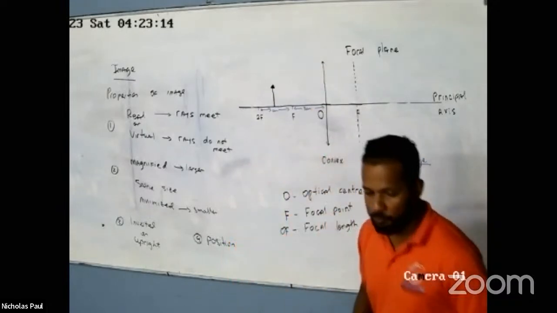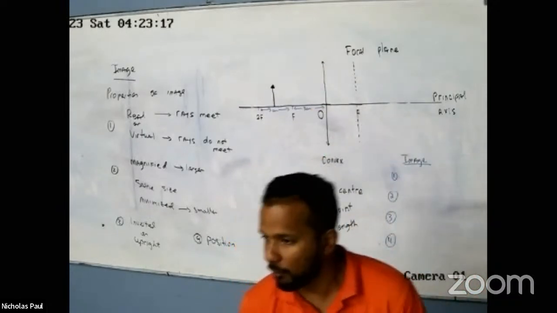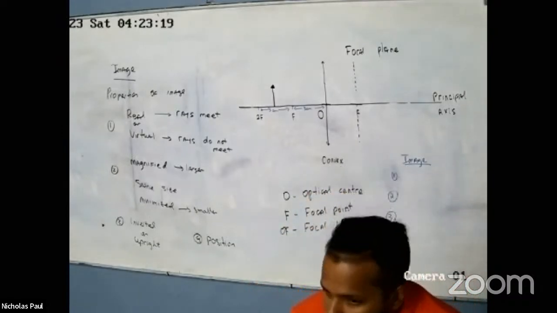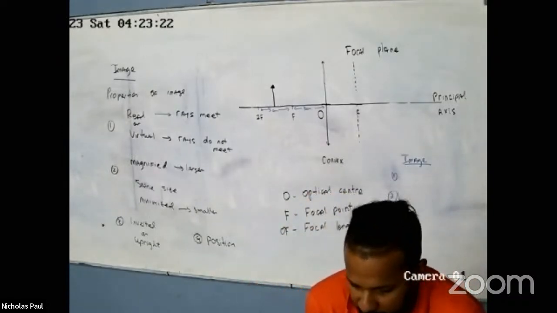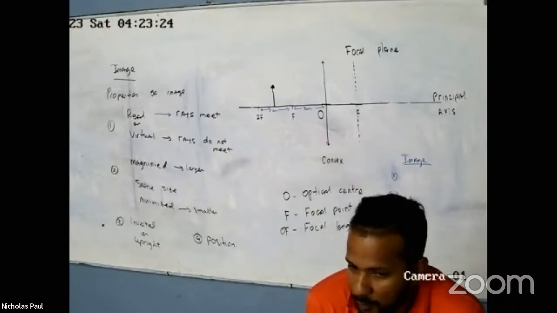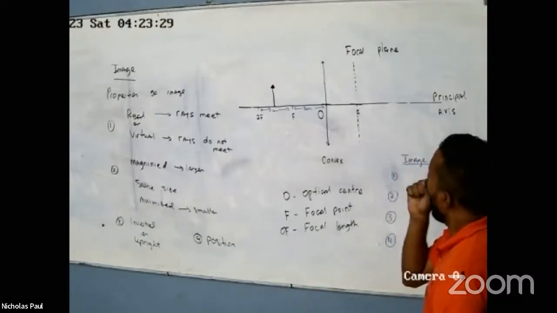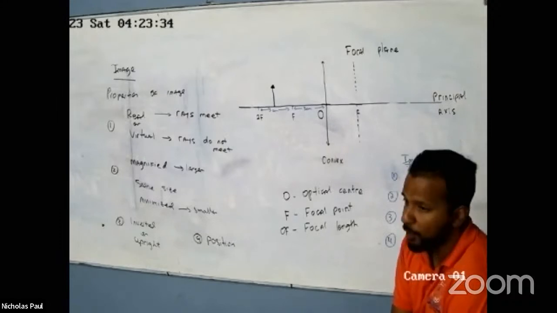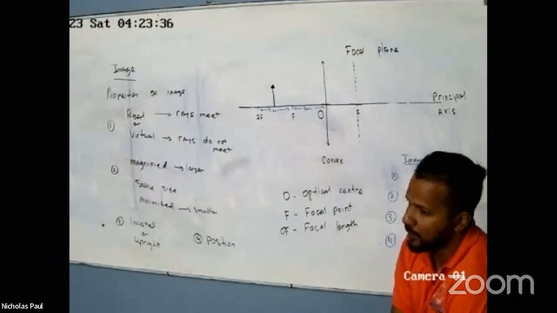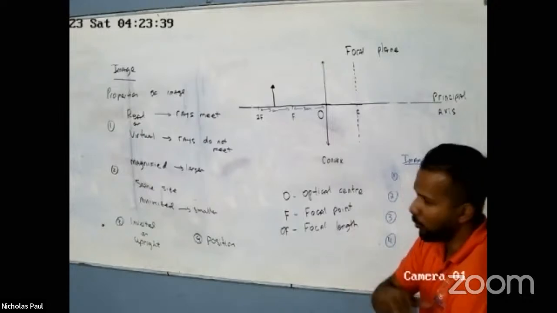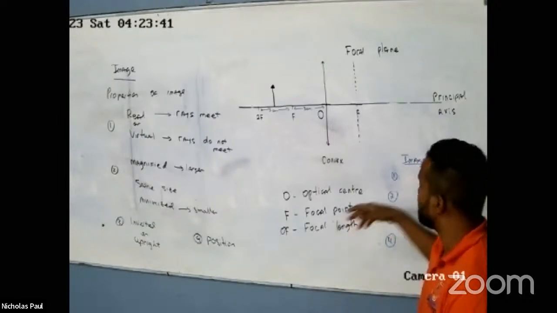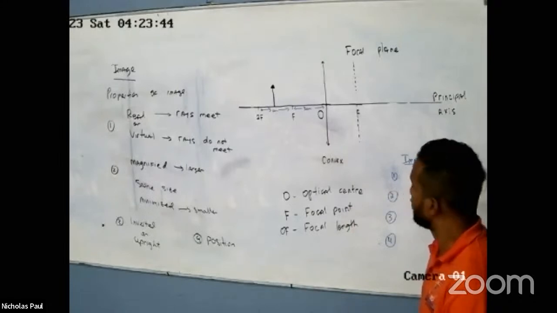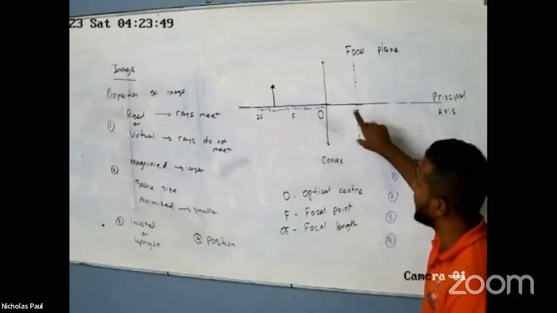For those who forgot, write this down now. How to get the image. I'm going to tell you in words so you don't forget it. I give it in general two steps for finding the image.